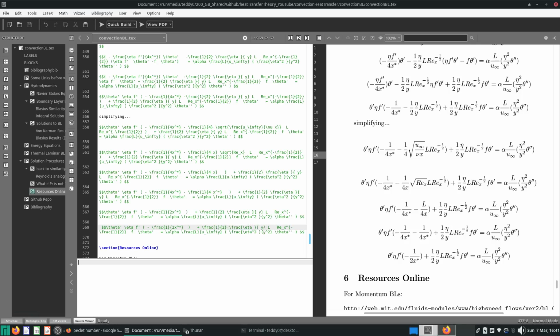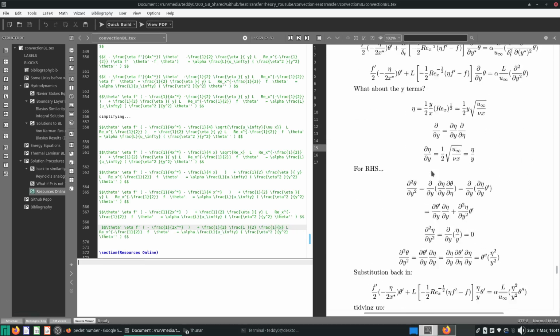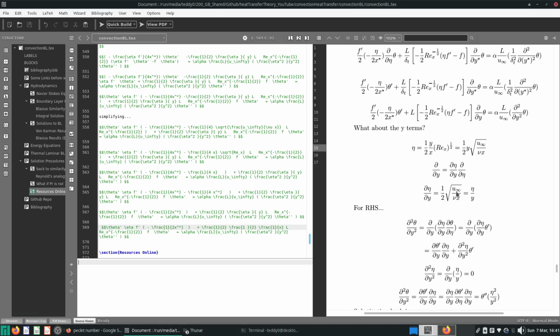Half, square, 1 over x. I'm going to do this in terms of the Reynolds number. So it's actually 1 over x square root of the Reynolds number of x. 1 over 2. Alright, perfect.